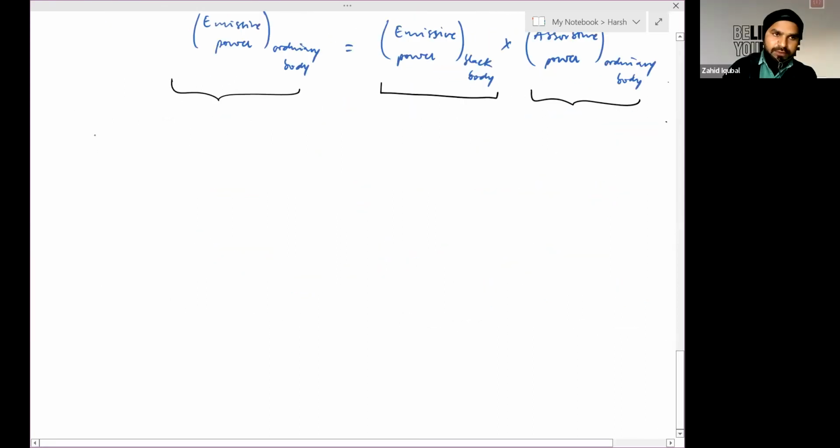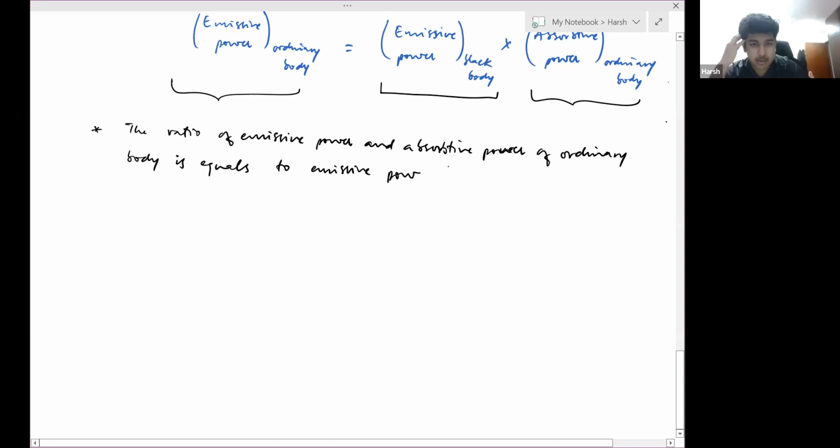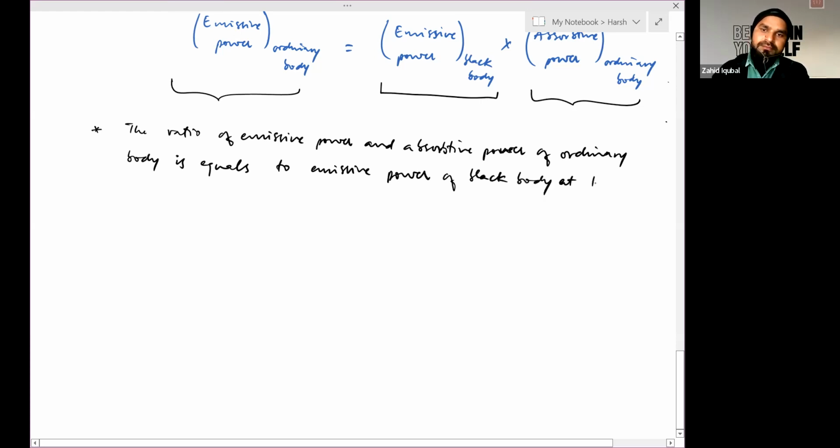So let me define it. Kirchhoff's law of radiation says the ratio of emissive power and absorptive power of an ordinary body is equal to the emissive power of a black body at that temperature.